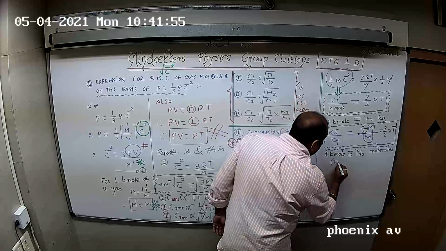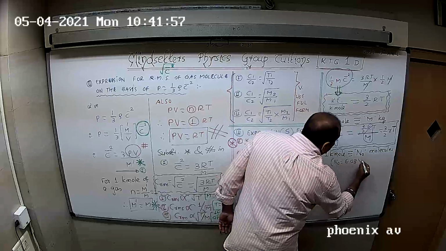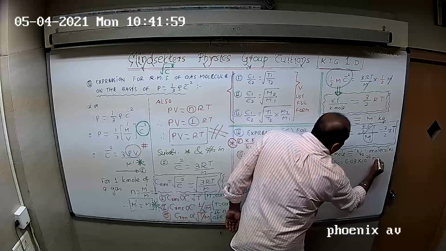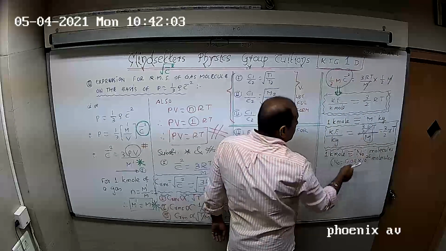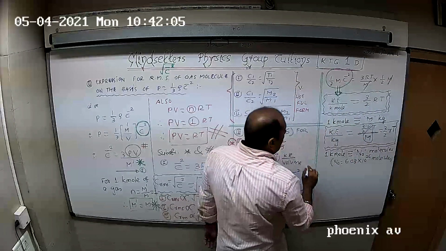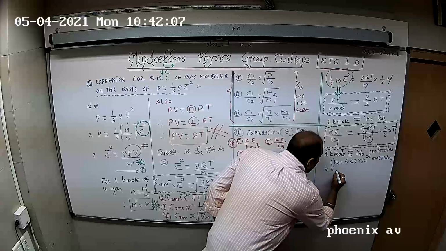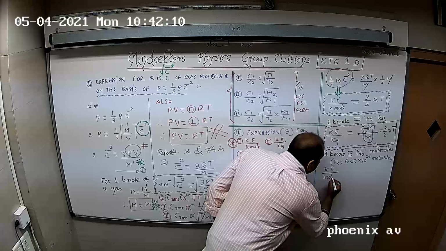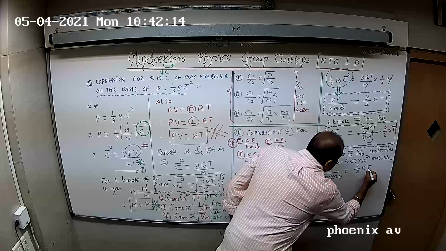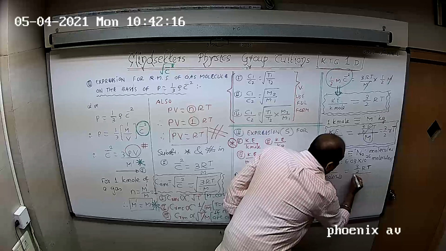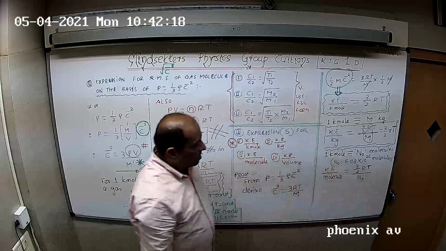What is N0? 6.023 into 10 to the power 26 molecules. So what is the kinetic energy for one molecule? Apply common sense.